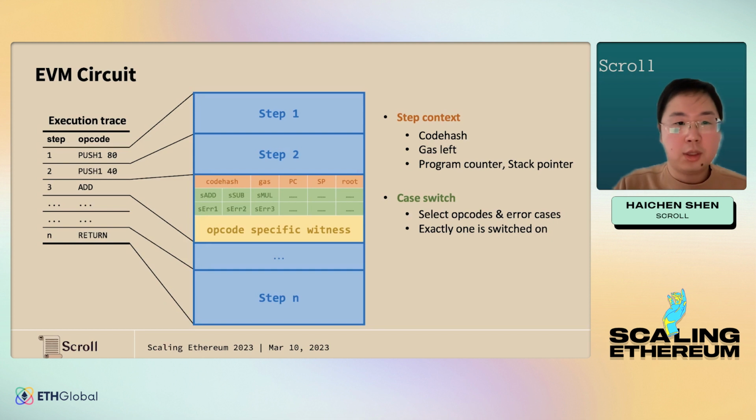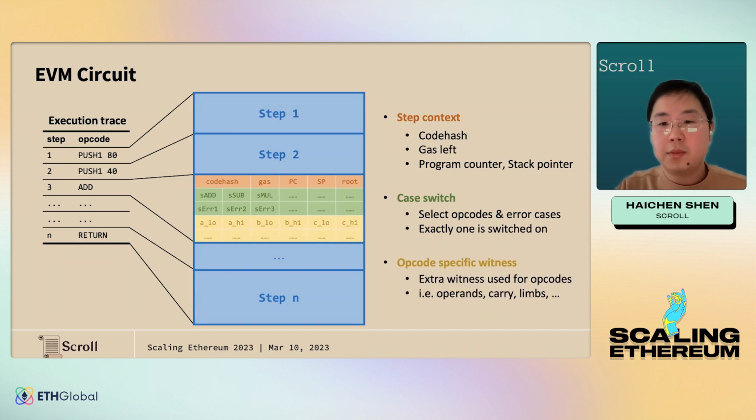That's also important, because you need to prove and handle all possible errors that can happen when executing the transactions. We also need to make sure that exactly one case is switched on at each step. And the last one will be the opcode-specific witnesses, such as some of the input data, for example the words you're going to add together, and then the result. There will also be some additional witness that is going to help you prove the correctness of each opcode.